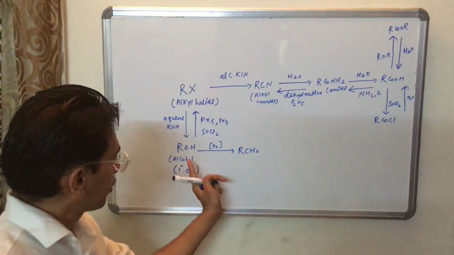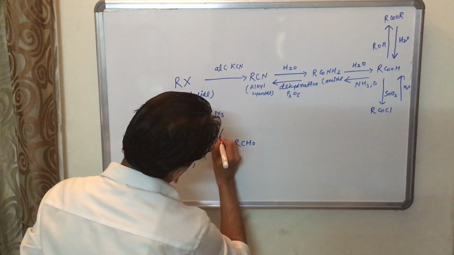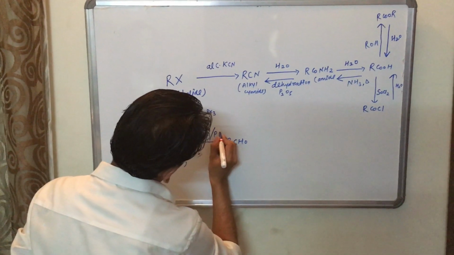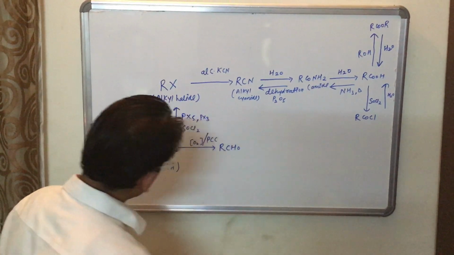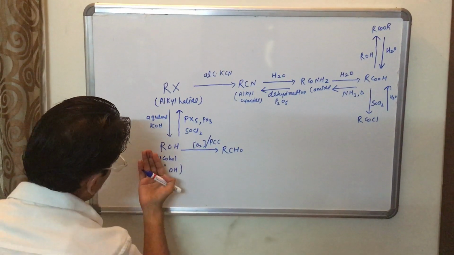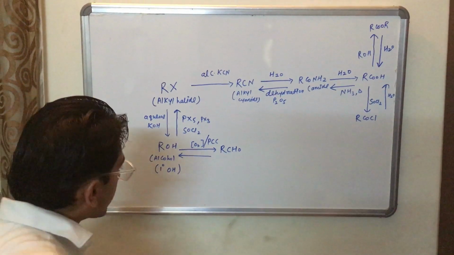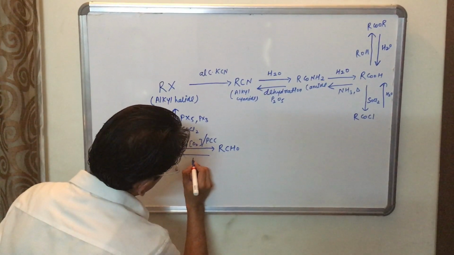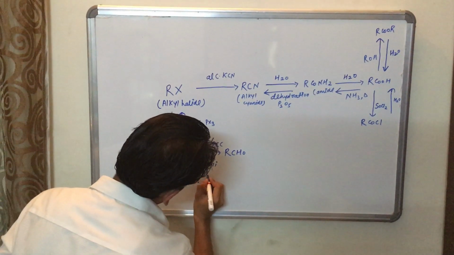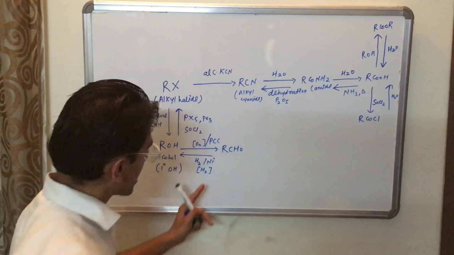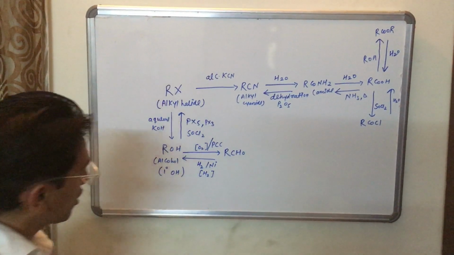The oxidizing agent is pyridinium chlorochromate. Again you have aldehyde, and from aldehyde, if I want to obtain alcohol, then I have to do reduction, and for reduction I use H2, nickel as a reducing agent. Adding of H2 is known as reduction, and addition of oxygen is known as oxidation.